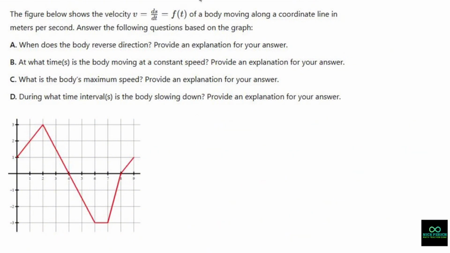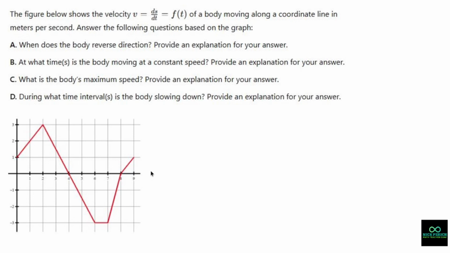All right, so I switched over to the next slide, and the question being asked is the same thing, same exact picture, just cleaned up. What is the body's maximum speed? Provide the explanation for your answer. Well, the body's maximum speed actually occurs 2 times here. Now, velocity can be positive or negative, right? A positive velocity means you're moving forward.